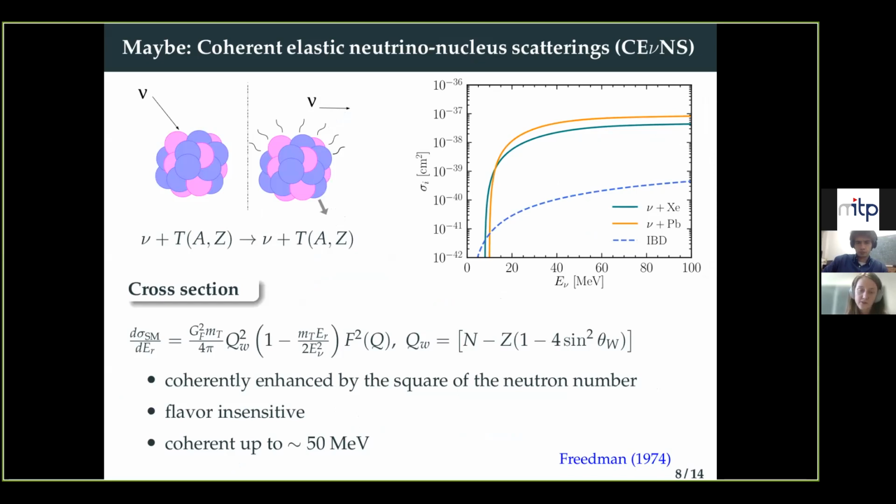This detection channel is very good especially for detecting X flavors, because it is flavor insensitive and it has a very large cross section if we compare it with, for example, the regular inverse beta decay. In addition, the energy range of the DSNB is in the right energy range for the coherence of that reaction.